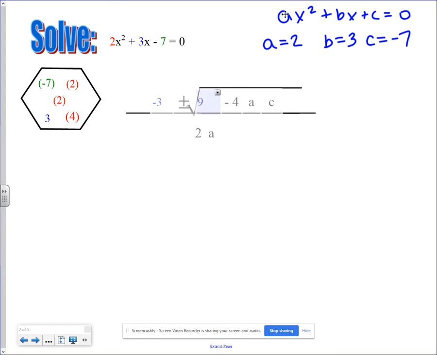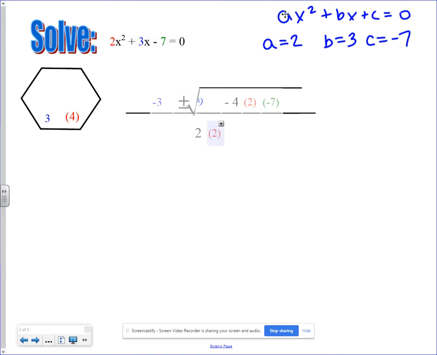Minus 4 times a, and a is 2, times c, and c is negative 7. And this is all over 2 times a, so 2 times 2. So your first step is to just plug in all your values into the quadratic formula. I like to see this step. So when I ask you to show your work, show this step.